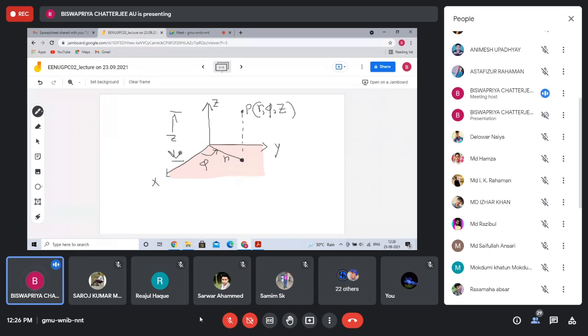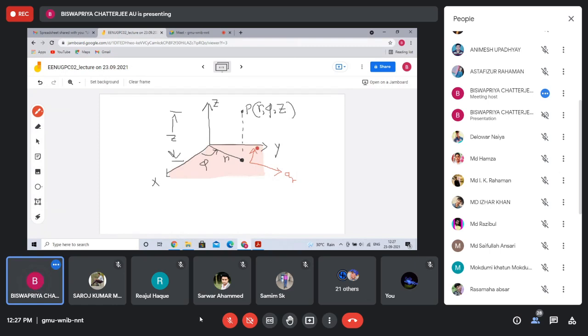So a r will be in the positive direction of r. So a r must be directed in this direction, a r cap. Now phi starts from the positive x-axis and is incremented in this direction. So the positive direction of a phi will be in this direction.